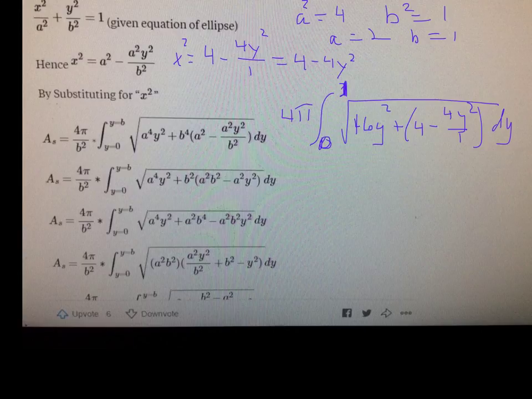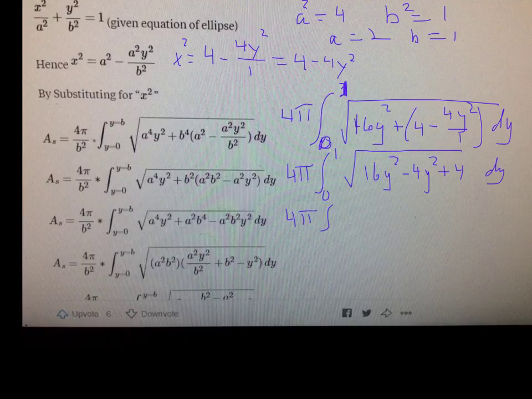And so if we work with that from our equation that I have written over here, then I think we might end up with a bit of a simplification. Let's see what happens anyway. We've got 16y squared. That's going to give us a minus 4y squared, and then a plus 4 dy.